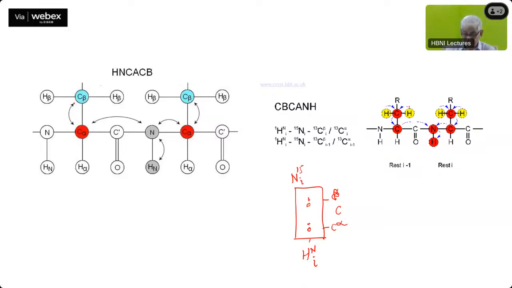So for each amide proton, I will have 4 peaks. In the HNCA, I had only these 2, C alpha, self and the sequential. Here we are extending it further to the C beta. So you get the C beta chemical shifts also. That helps in identifying the individual amino acid, because of the additional chemical shift dispersion. Therefore, identification of the spin system also becomes possible in this situation.